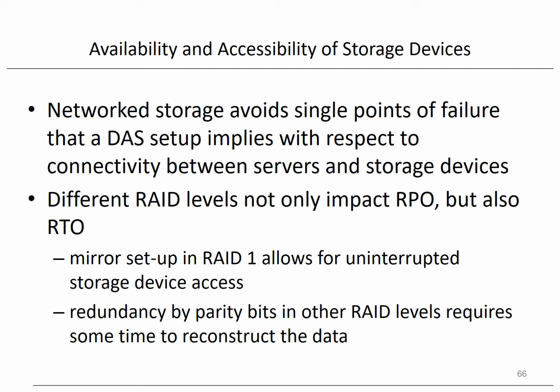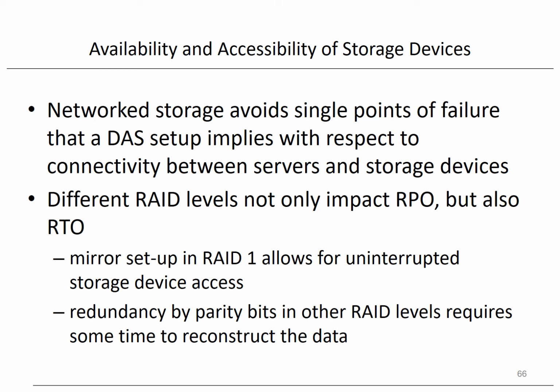The availability and accessibility of storage devices was already covered when discussing RAID and enterprise storage subsystems. For example, network storage, in addition to other considerations, avoids the single points of failure that a DAS setup implies with respect to the connectivity between servers and storage devices.